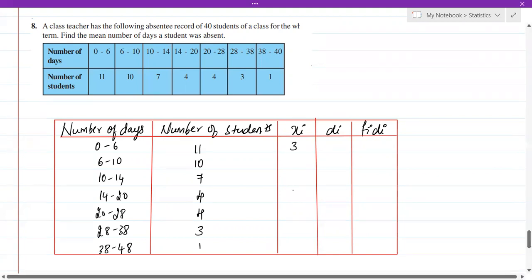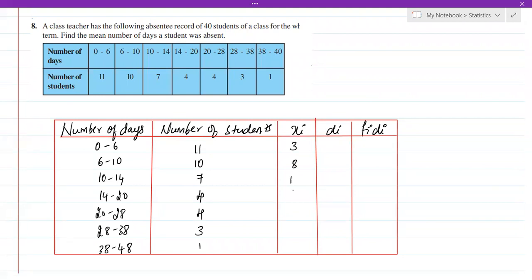So it will become 3, 6 plus 10 is 16, 16 by 2 is 8, 24 by 2 is 12, 34 by 2 is 17, 48 by 2 is 24, 50, 66 by 2 is 33, and this is actually 38 to 40, isn't it? So 78 by 2 is 39.